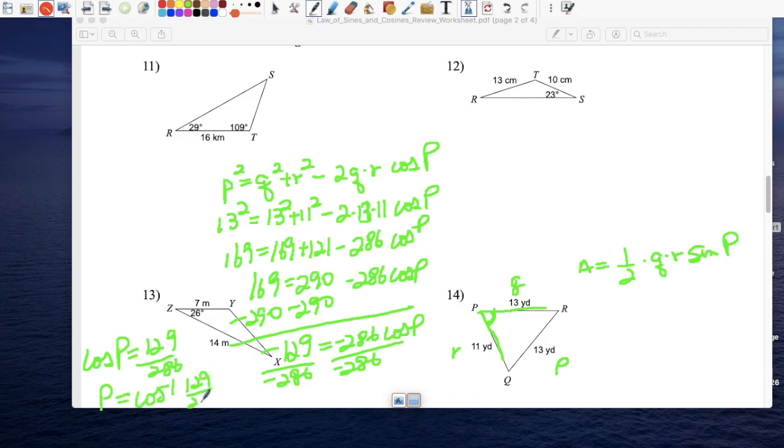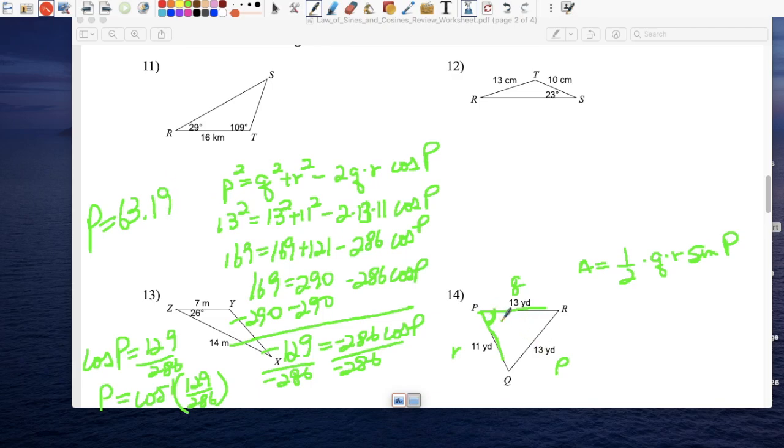Inverse cosine of 129 over 286, let's put that in the calculator. Our angle P is going to be 63.19. So angle P, right over here, is 63.19.